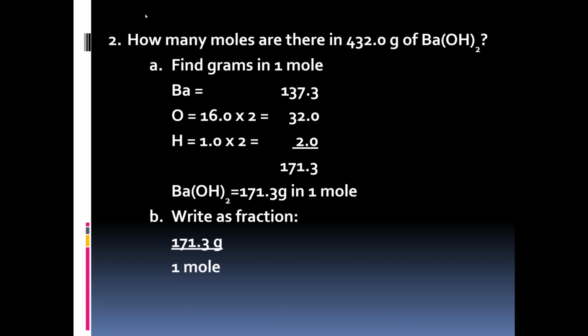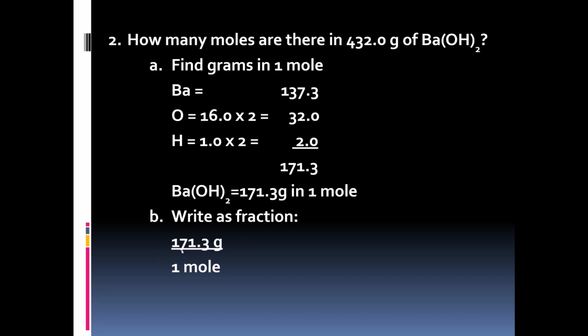Okay, here's another example of barium hydroxide. So again, find the molar mass of barium hydroxide, which with the math here comes out to 171.3 grams per mole. And we are given 432 grams of it, so we're supposed to find out how many moles are in this.